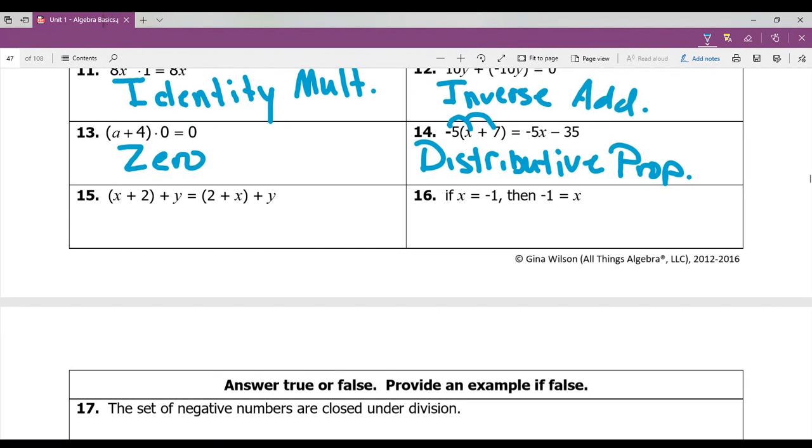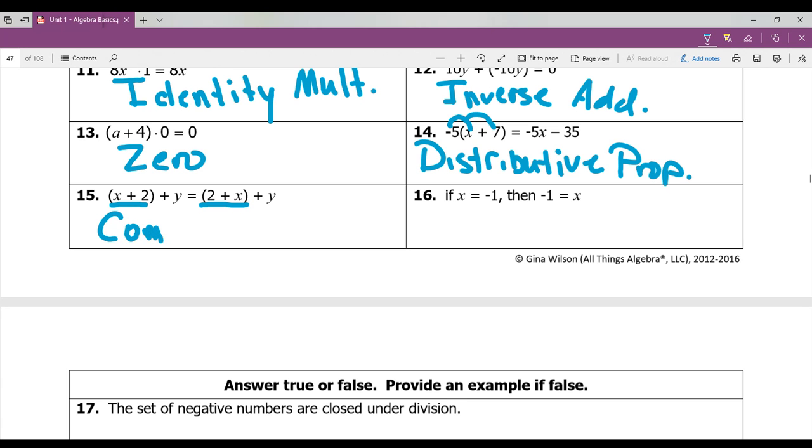Now, pay attention to 15 here. We start with the quantity x plus 2 plus y. It switches to 2 plus x plus y. You might be tempted to think associative, but pay attention. Look at these parentheses. They didn't move. The only thing we did was switch the order inside.